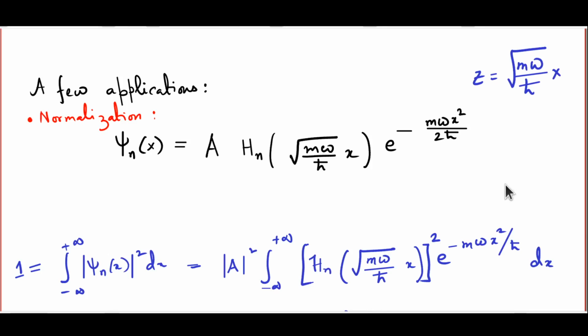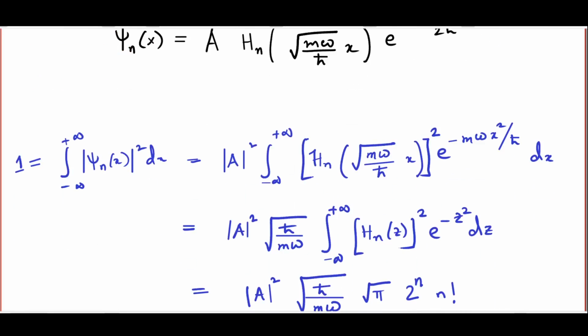Anyway, the normalization constant can be easily figured out by working out this integral, and the obvious thing to do, if you did not already know that z is root over m omega by h cross times x, is to substitute root over m omega by h cross into x sitting here in terms of something else. So basically what we have done is we have just gone back to z here and we have done this integral. Exactly the same steps as before.